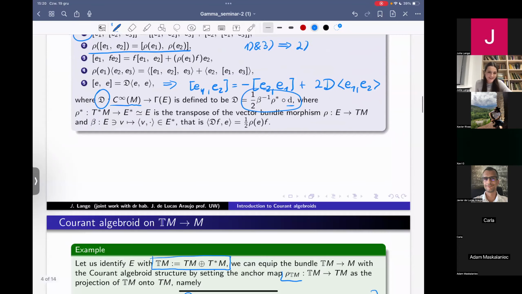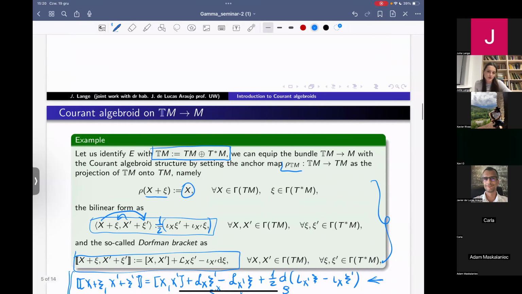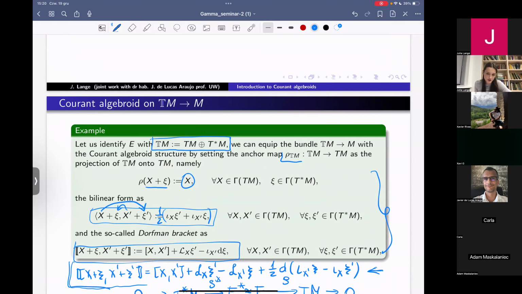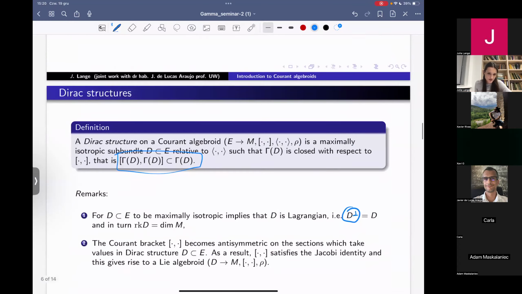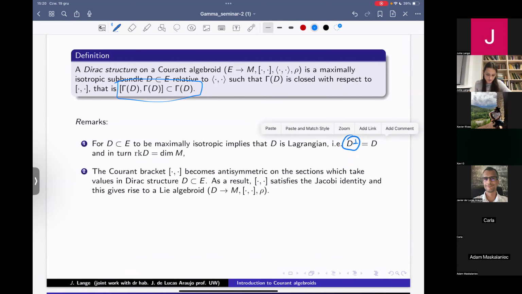Okay, but it doesn't really matter, because when we are speaking of Dirac structures, it turns out that on the sections of D, the Courant bracket is antisymmetric. So these two brackets agree on the sections of our Dirac structure, and it doesn't make a difference.